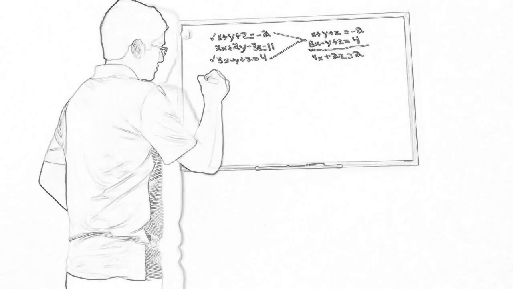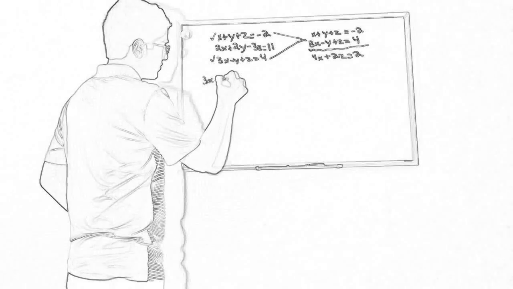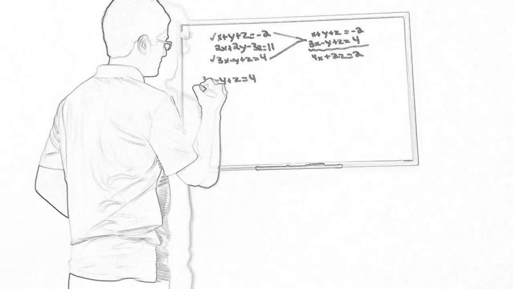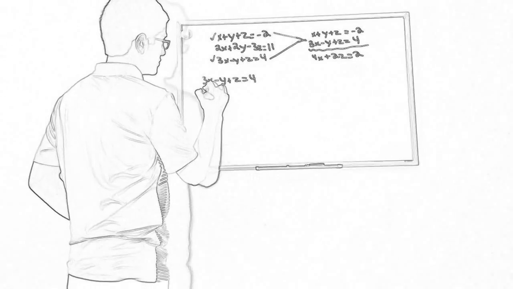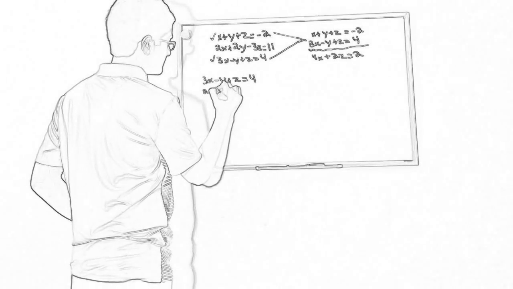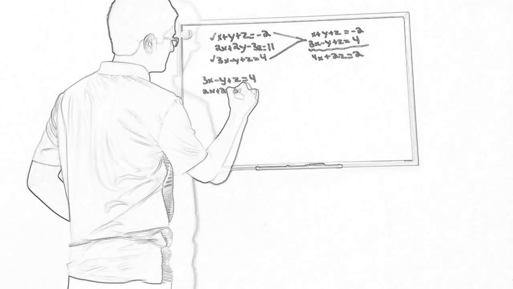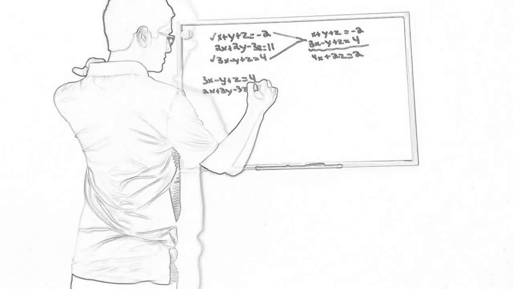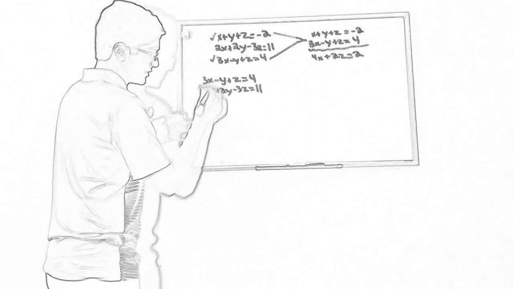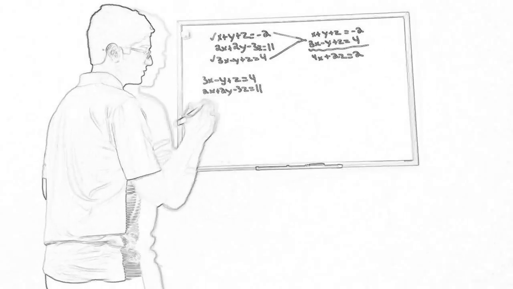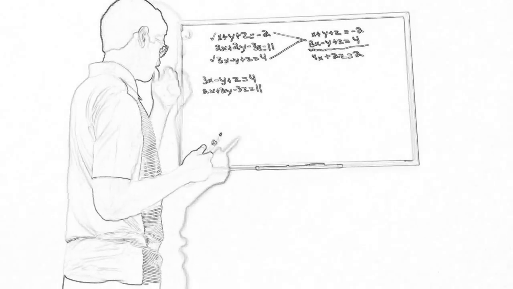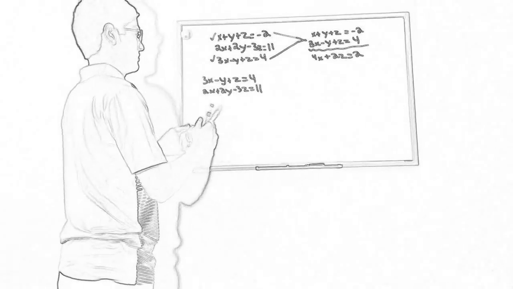Okay, so let's take 3x minus y plus z equals 4, and let's take 2x plus 2y minus 3z equals 11. To eliminate the y's, you would need to multiply this equation by 2, or this equation by 1/2.